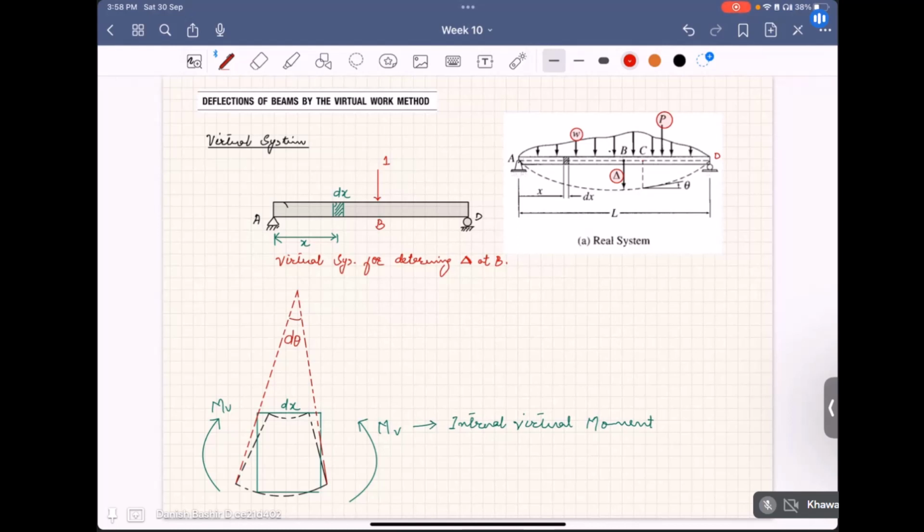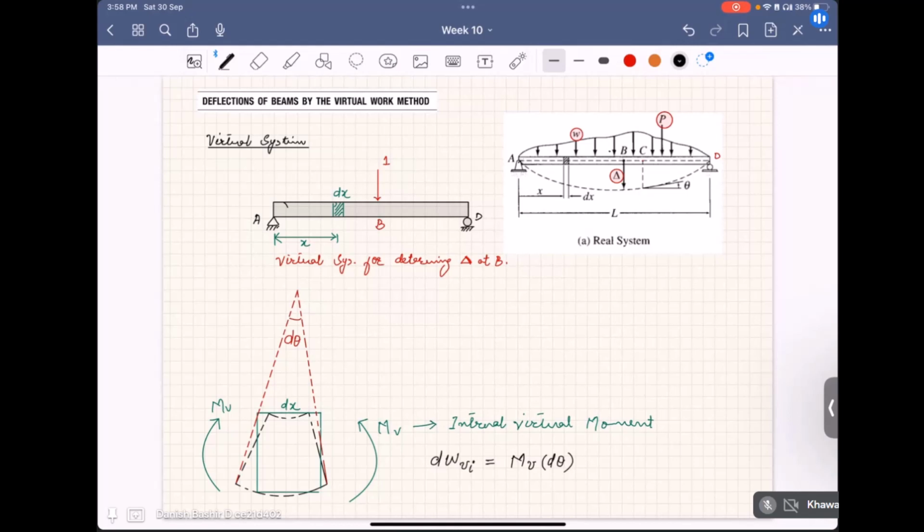So since the virtual moment Mv is acting, what will be the small virtual work done, dW virtual, and this is internal because of the internal virtual moment. dWi is Mv, the moment Mv rotating a member through d theta. Mv is the internal virtual moment rotating it through the real rotation d theta, so Mv d theta.